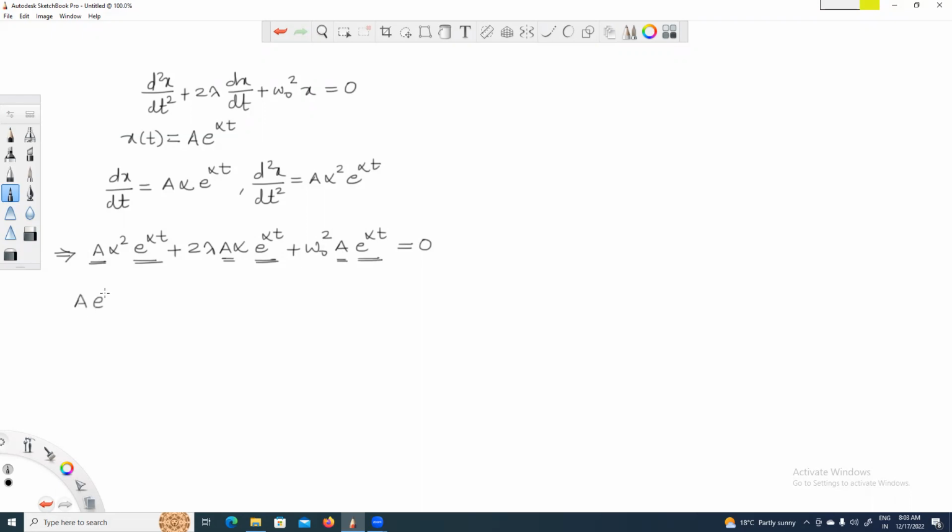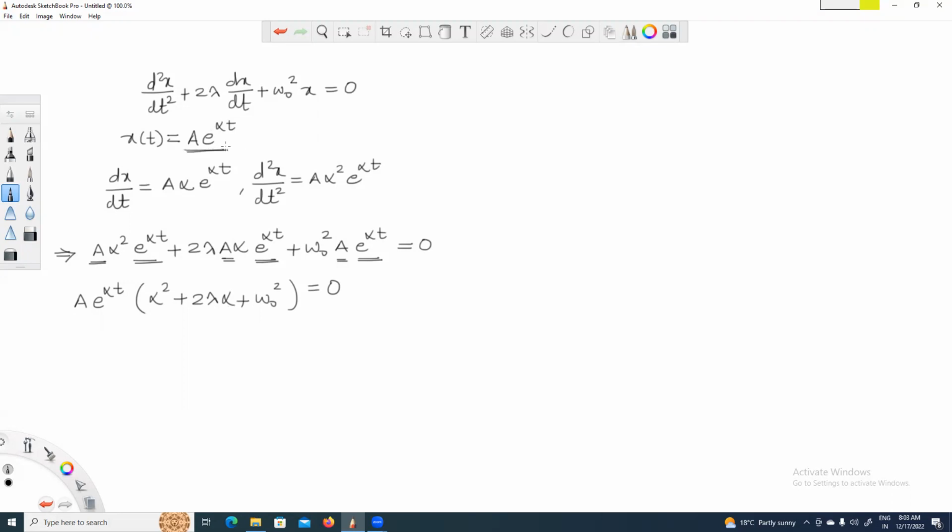Let's take out A e raised to alpha t. What remains is alpha square plus 2 lambda times alpha plus omega naught square, which equals 0. So either of these terms has to be 0.